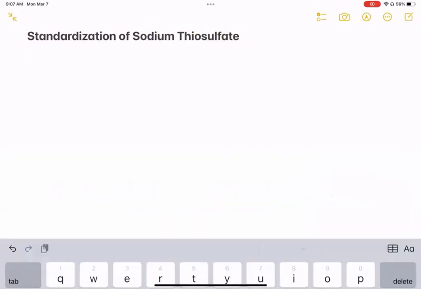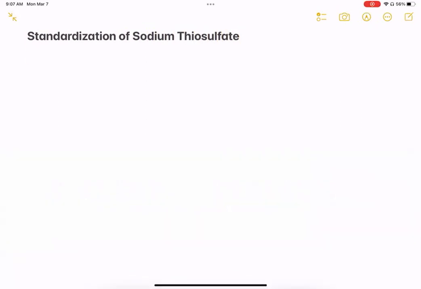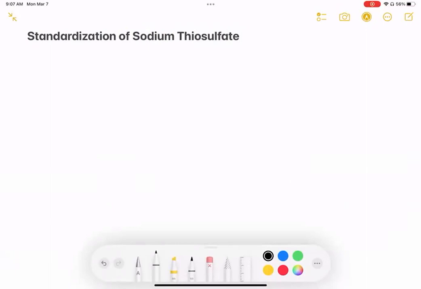For our standardization of sodium thiosulfate, we need to be sure to write the balanced chemical reaction. So first, let's write the balanced chemical reaction. It looks a little bit complicated, but if we just go step by step, it shouldn't be too bad.